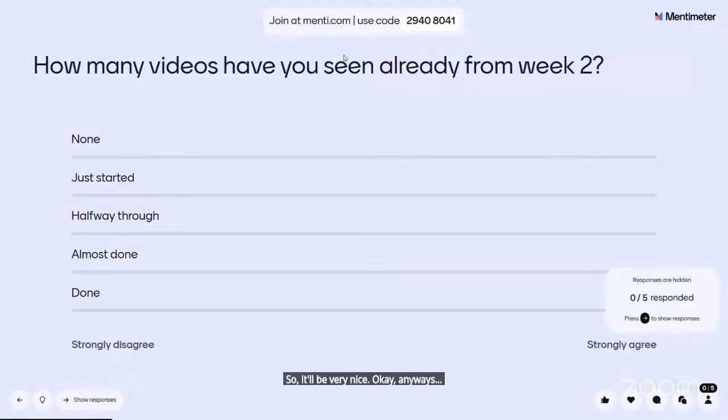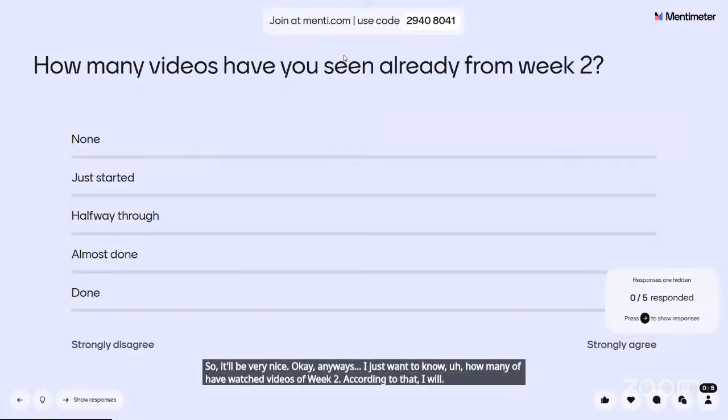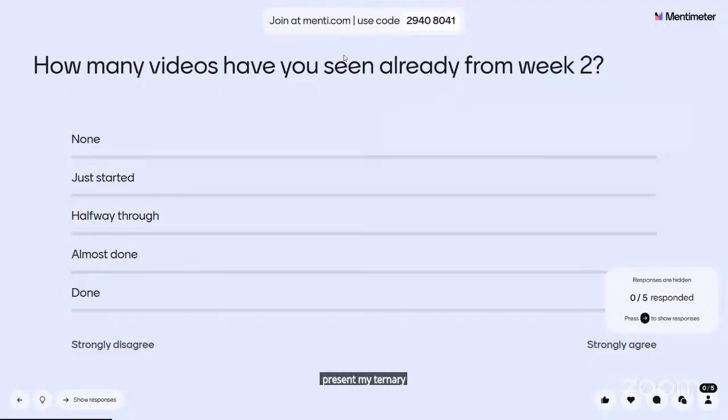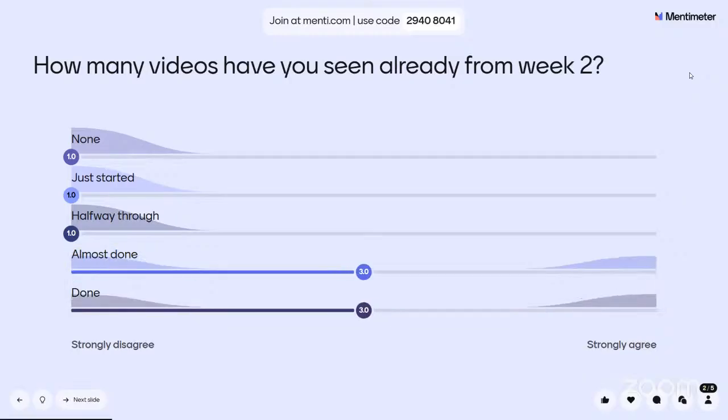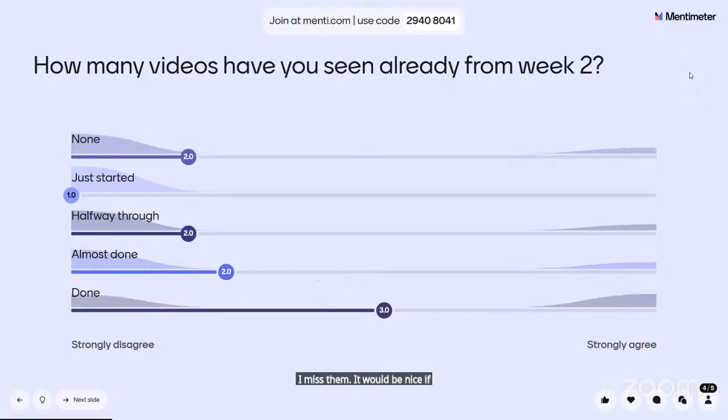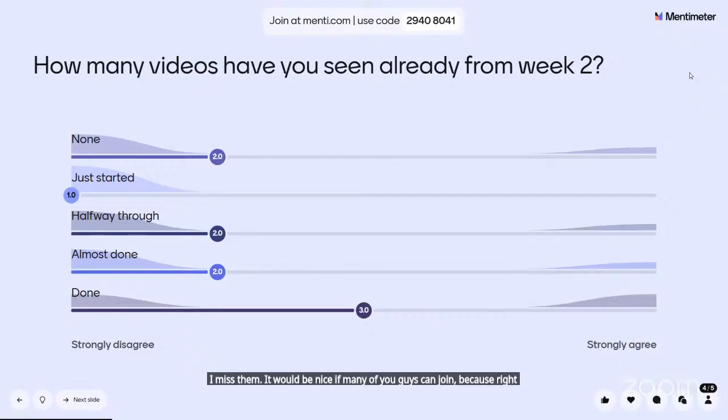Anyways, I just want to know how many of you have watched videos of week two. According to that, I will present my ternary card trick. Okay, one of the guys has completely done this, almost done. It would be nice if many of you can join because right now there are only 5 people.